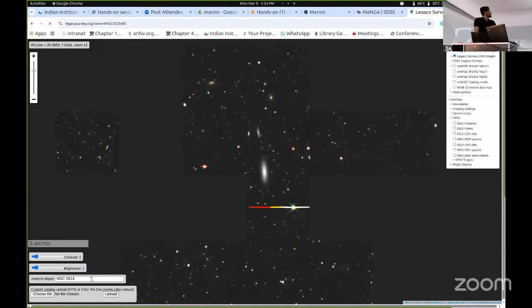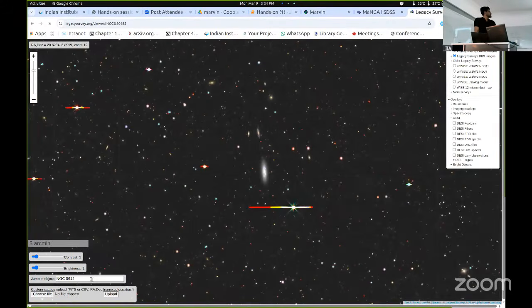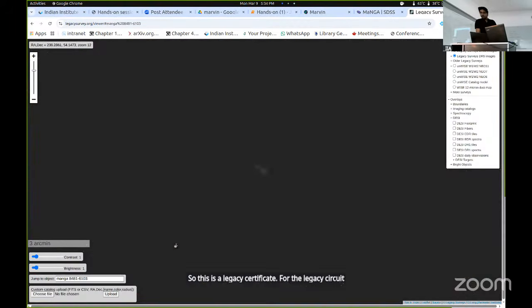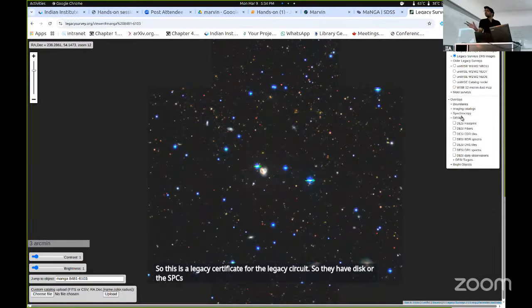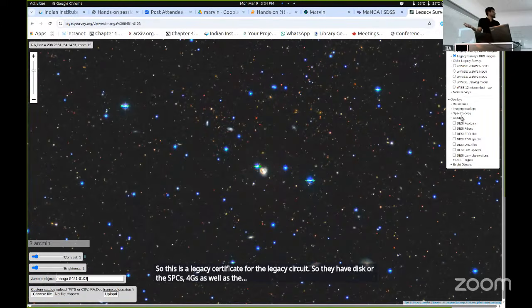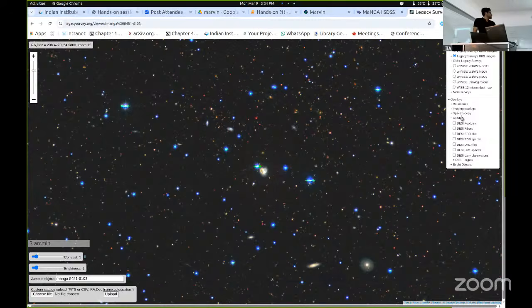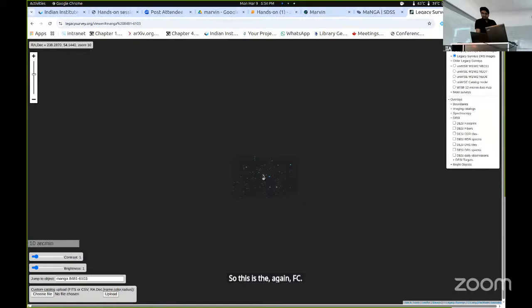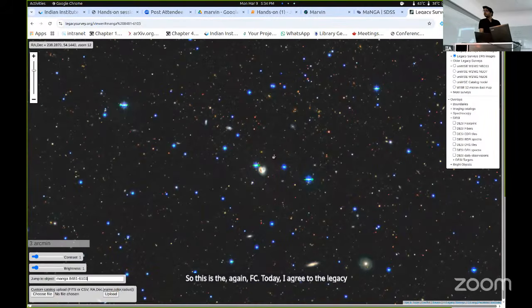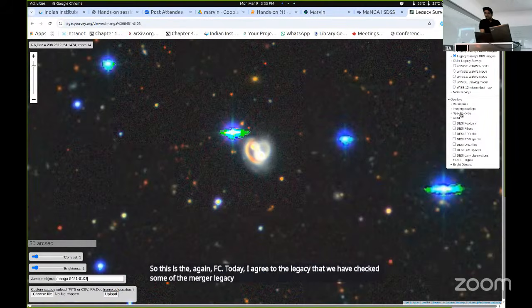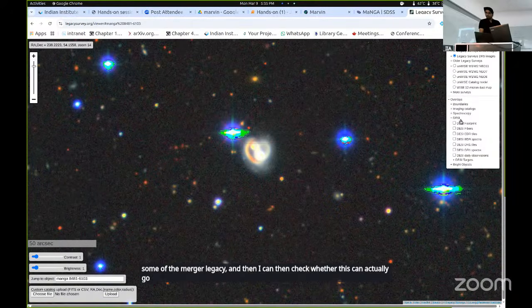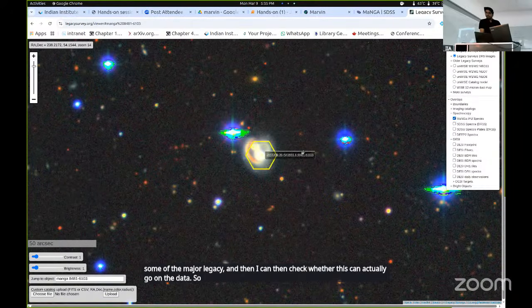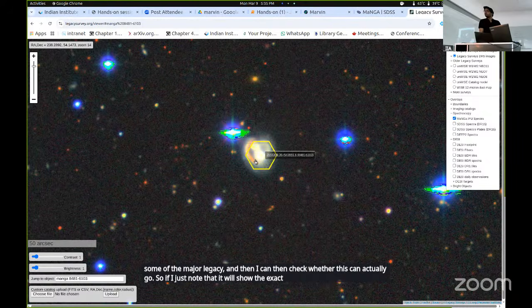This is the Legacy Survey. They have listed all the galaxies, and for which galaxy the MaNGA data is available. So I went to the Legacy Survey and checked some of the merger galaxies, and then I could check whether this galaxy had MaNGA data. If you load that, it will show a hexagonal footprint. If it doesn't show MaNGA data, then you can work on something else.